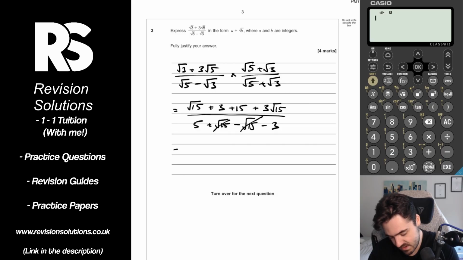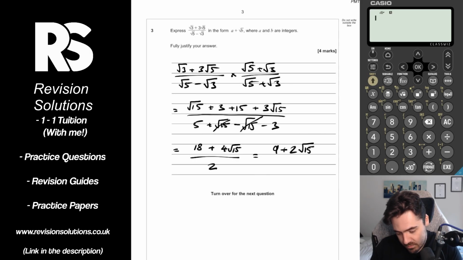So if we simplify now, in the numerator, grouping the regular terms, the 3 and the 15, that would be 18. Then grouping the surds, you'd have plus 4 lots of root 15. In the denominator, we just have 2. There's a factor of 2 on everything, so we can divide through by 2, which gives us 9 plus 2 root 15.